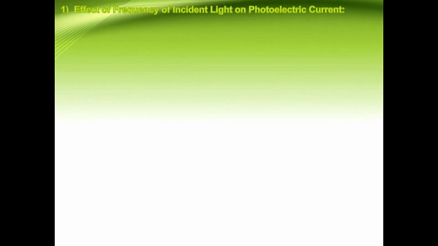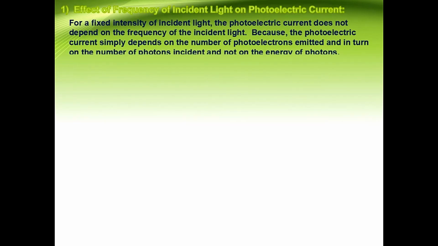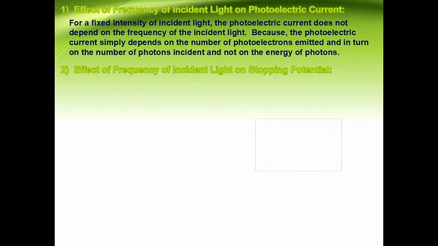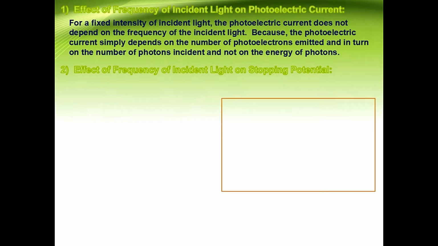Effect of frequency of incident light on the stopping potential. Understand how this effect of frequency of incident light works. So for a fixed intensity of incident light, the photoelectric current increases and is saturated with an increase in positive potential applied to the anode.